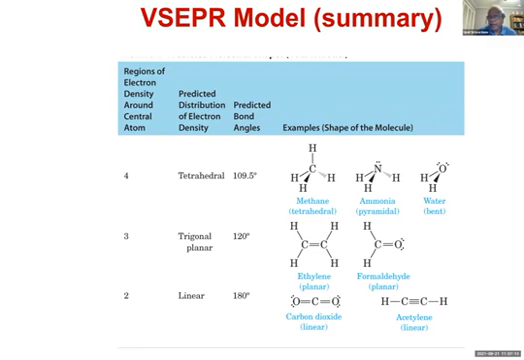So now we have gone over shapes. Molecular shape can be predicted based on VSEPR theory: tetrahedral, trigonal planar, linear, bent, etc. Angles can also be predicted for different atoms in the molecule, whether 109, 120, or 180 linear.